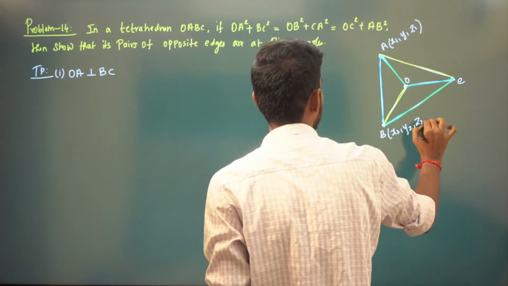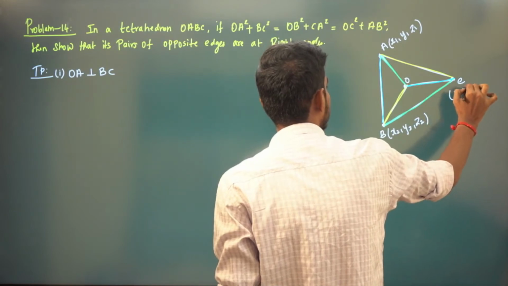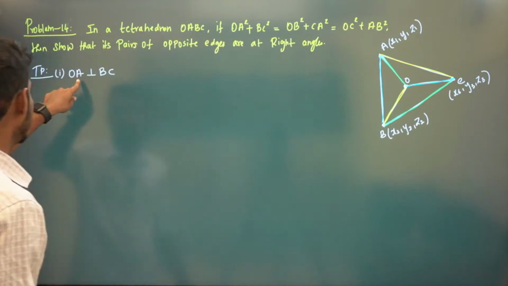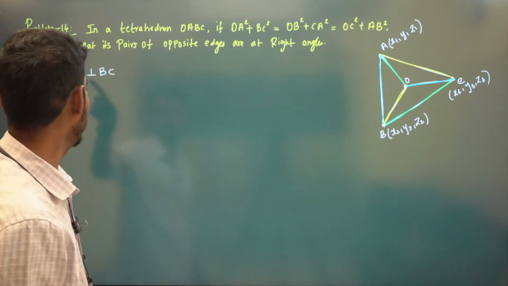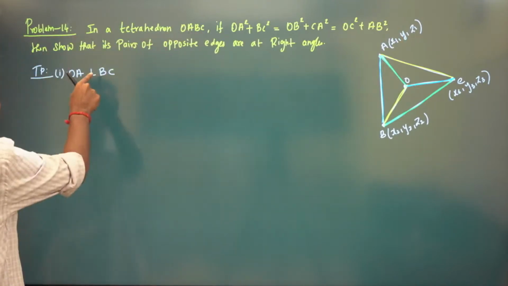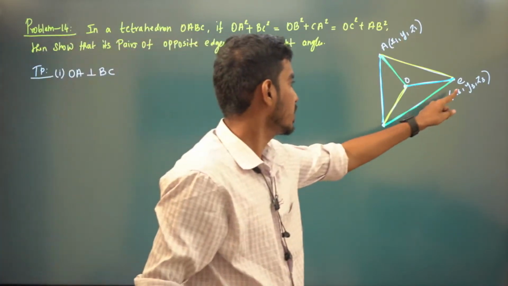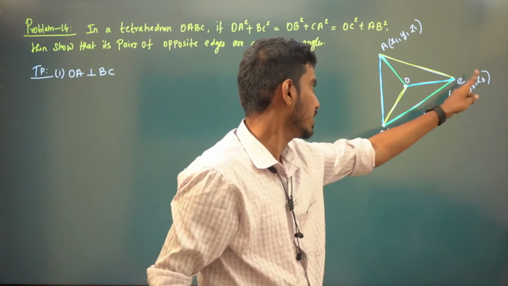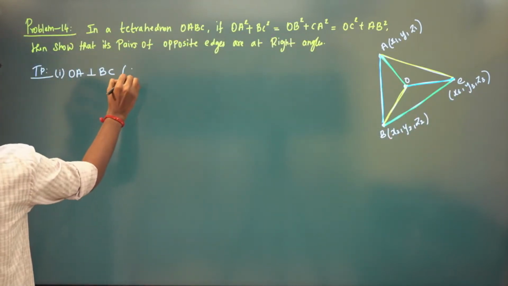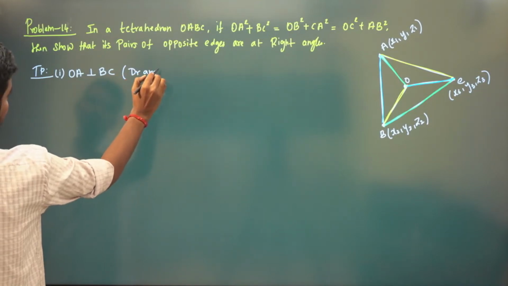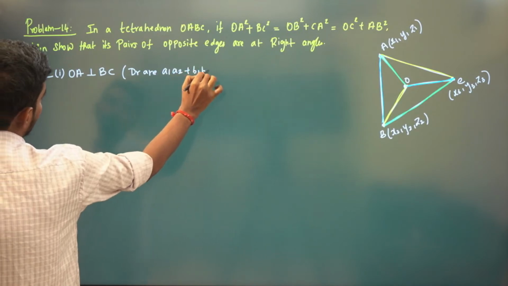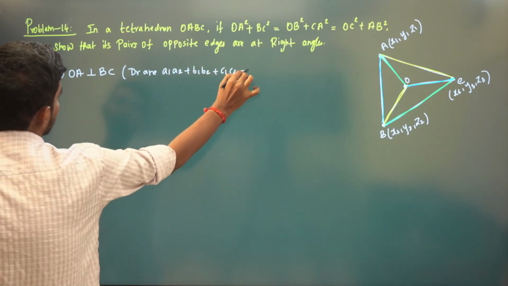The direction ratio of BC is x3 minus x2, y3 minus y2, z3 minus z2. And since they are perpendicular, the direction ratios will satisfy this condition: A1 A2 plus B1 B2 plus C1 C2 is equal to 0.